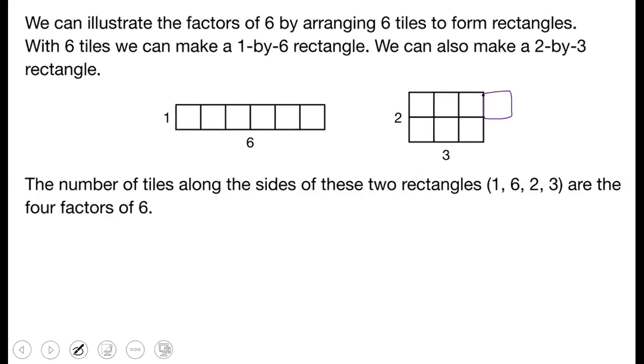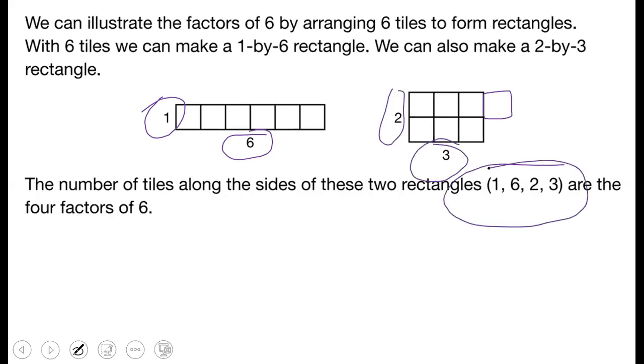So in this case, here's our 6 and our 1. Those are both factors of 6, because there's 6 squares. And then over here we've got 6 squares, but we changed it a little bit. This time it's 2 times 3. So the number of tiles along the sides of these rectangles, 1, 2, 3, and 6, are the 4 factors of the number 6.